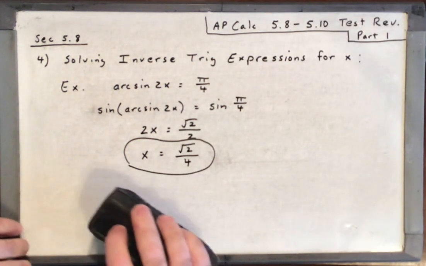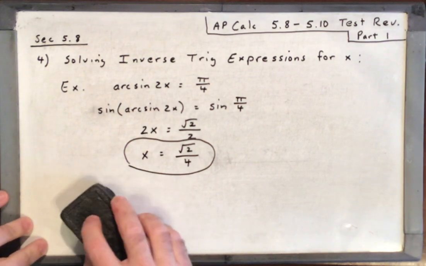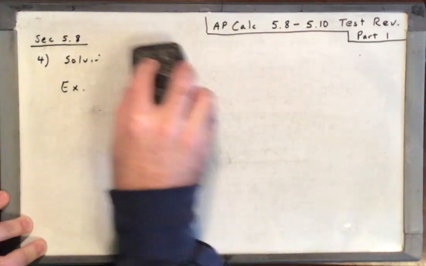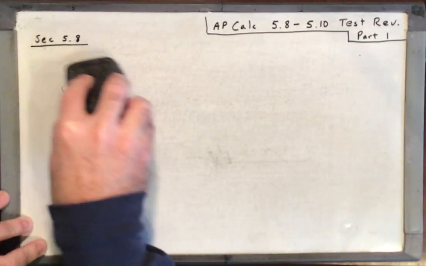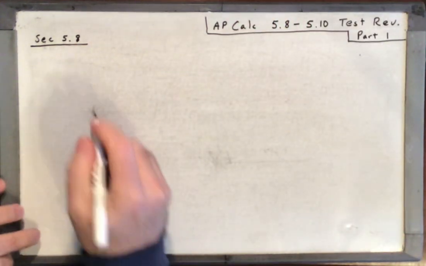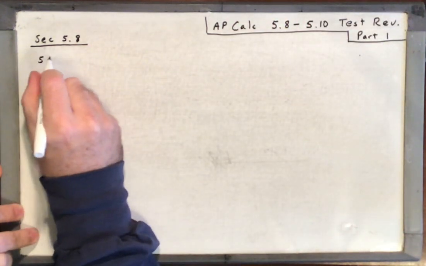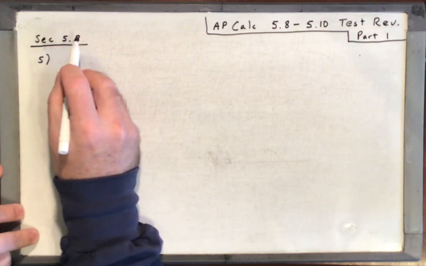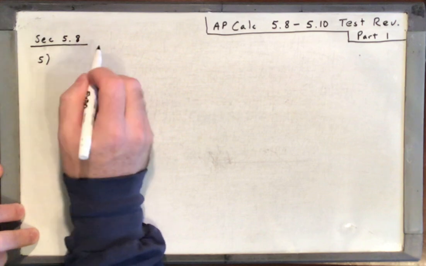All right, and then we'll do topic 5, and that will finish out this video. Okay, we're still in section 5.8. Normally, I would have given this lecture on the day that 5.10b was due.